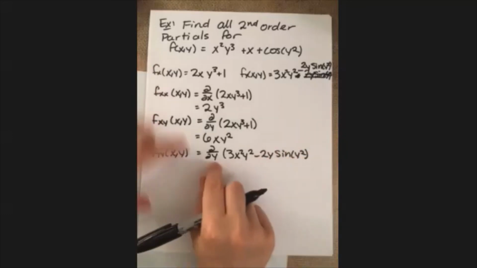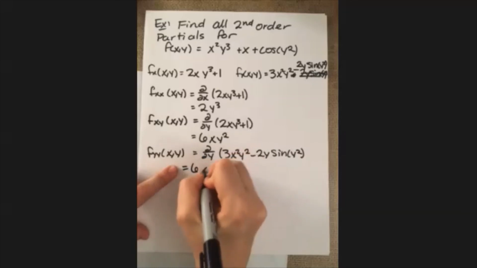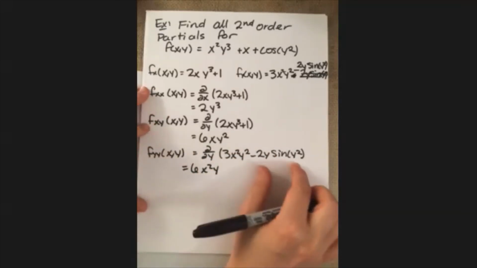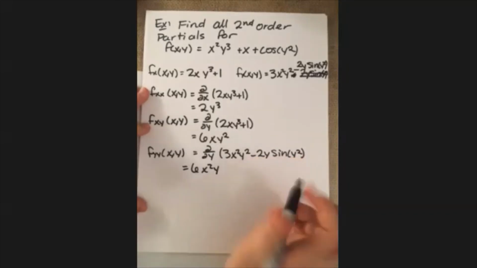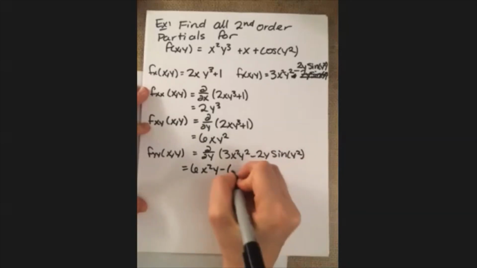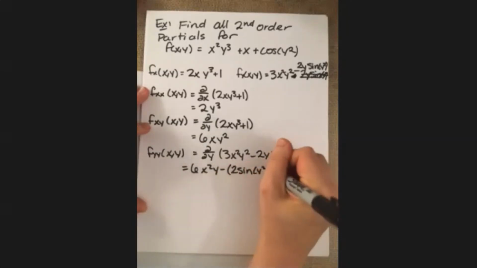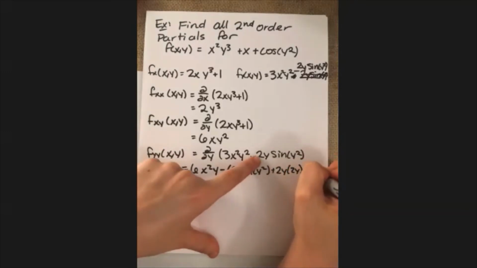And this right here, this one's pretty straightforward. We're going to get 6x squared y. And then this piece right here is going to require the product rule and the chain rule, because we have this 2y multiplied by the sine of y squared. So I'm going to have minus, it'll be 2 sine of y squared, and then plus 2y times cosine of y squared.